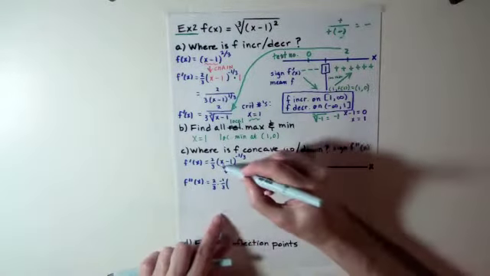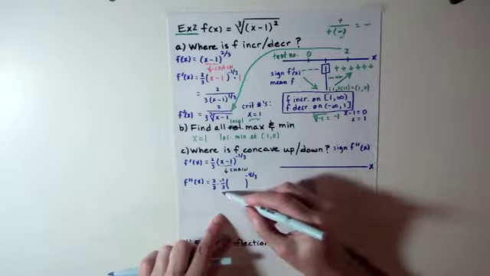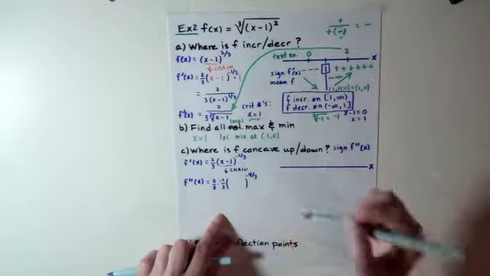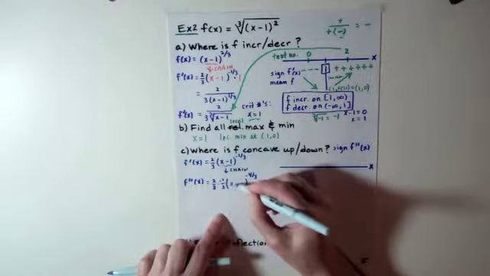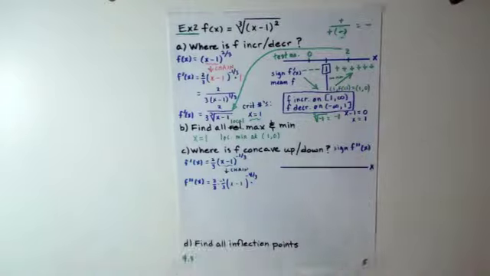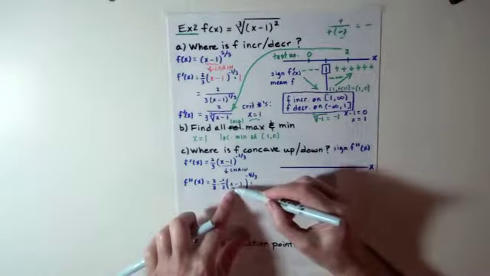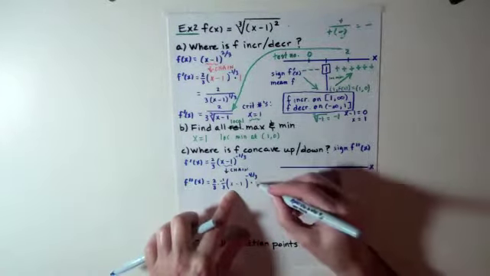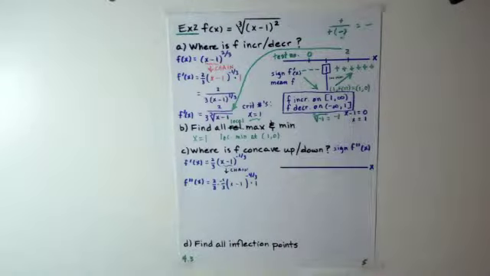And where do I evaluate that? I have to evaluate it at my inner function. So this is derivative of the outer. I'm evaluating it at the inner, which is x minus 1. And by the chain rule, I have to multiply that by derivative of the inner. But derivative of x minus 1 is just 1, so that doesn't change anything. So that is my second derivative.